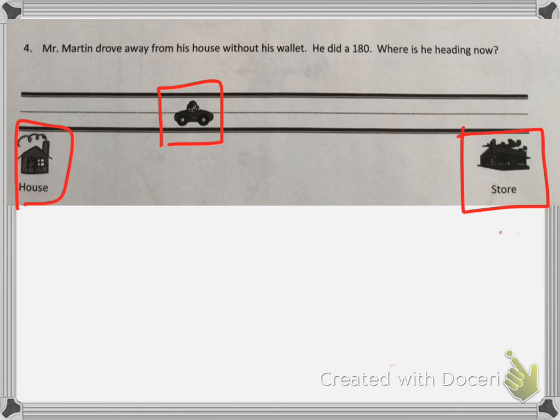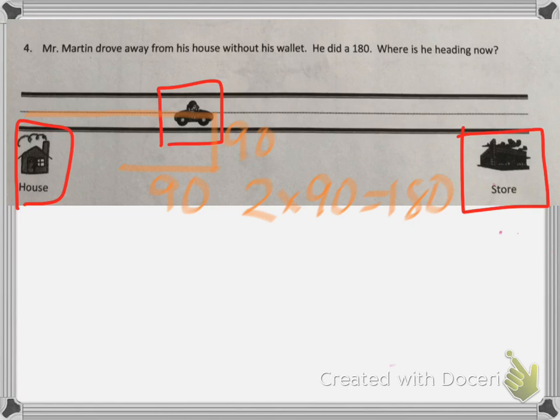So if Martin is driving down the road, oh no, I forgot my wallet, and he does a 180, let's see what that looks like. He's going to have to turn 90 degrees. All right, so that's 90. Is that 180? Nope. He's going to turn another 90 degrees. Oh, 2 groups of 90 equals 180.